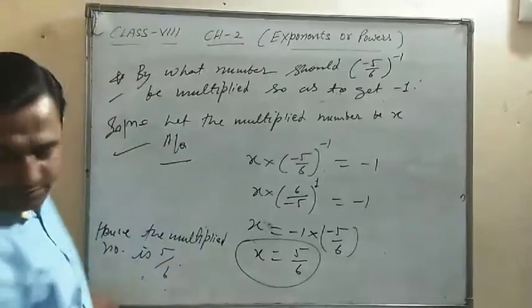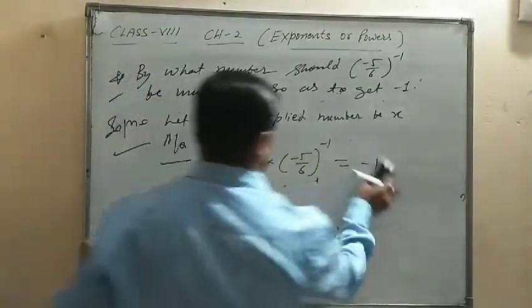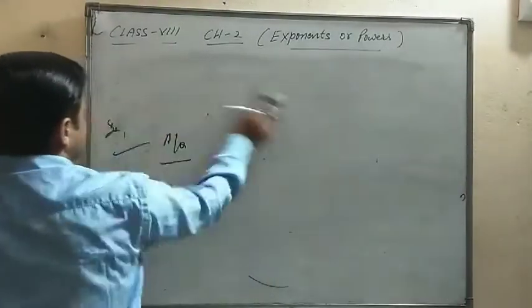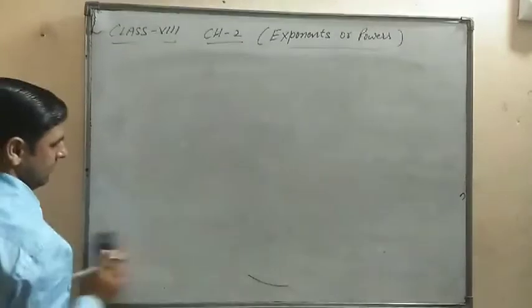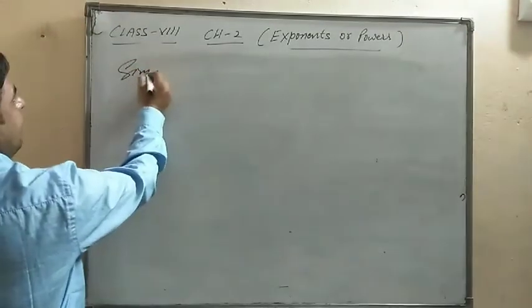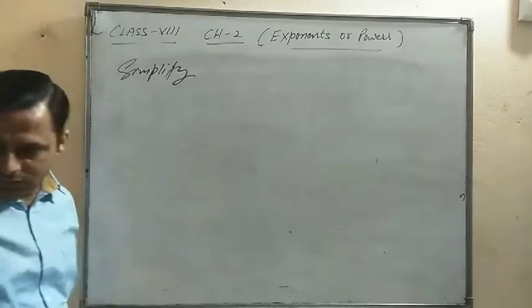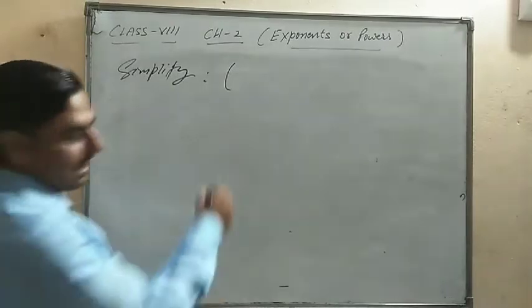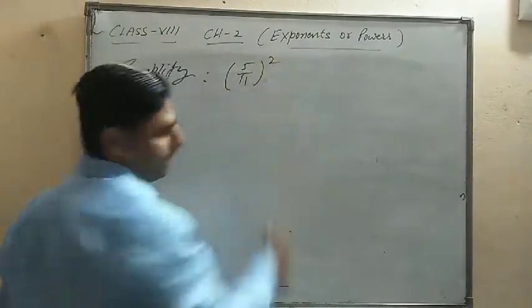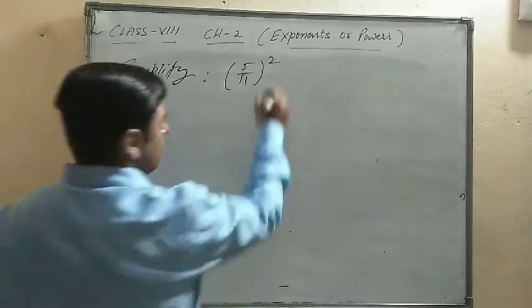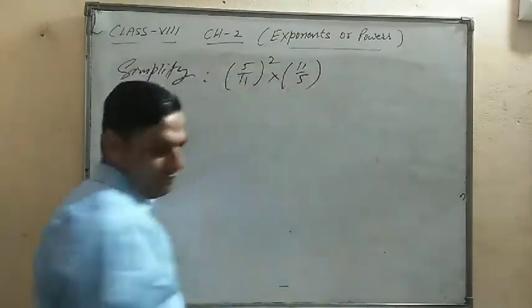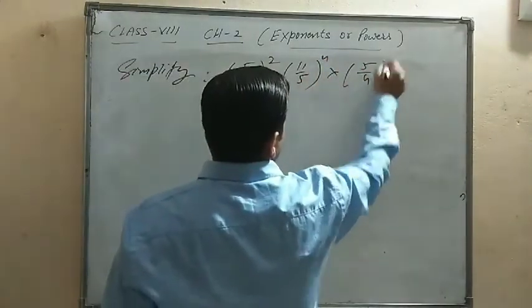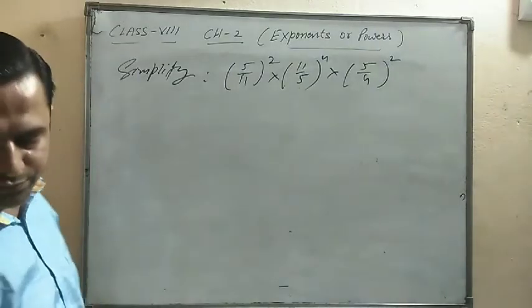Next question is, simplify 5 upon 11 raised to power 2, 11 upon 5 raised to power 4 into 5 upon 4 raised to power 2.